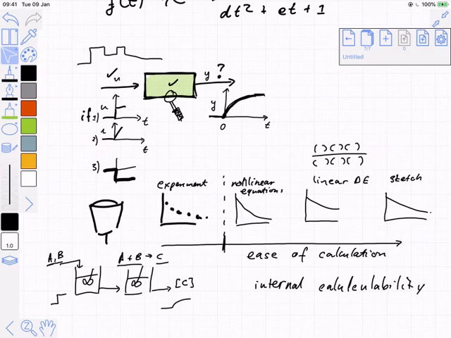But I expect you to understand mostly the consequences of linearization, the fact that we are paying a slight cost in terms of accuracy to gain great advantage in terms of calculability and predictability.